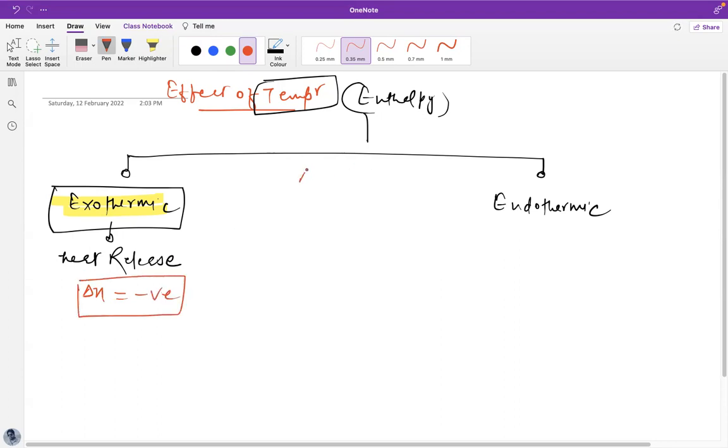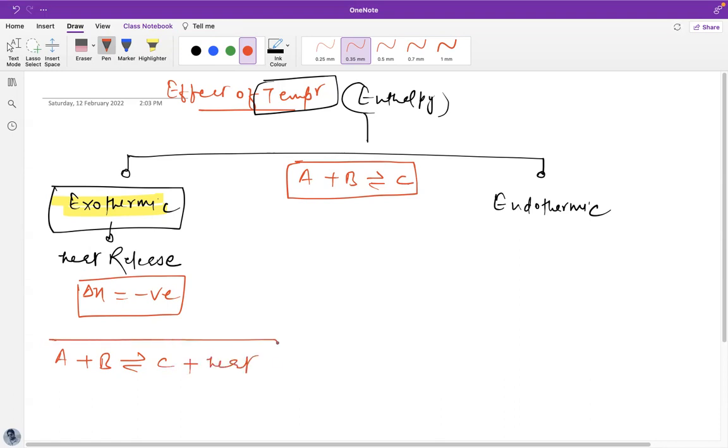Suppose you have any chemical reaction A plus B converting into C. If this reaction is exothermic, then heat will always be present towards the product side, so you can write heat there. Whenever you have a reaction in such a style, it means this is exothermic because we have heat on the product side. What is endothermic?